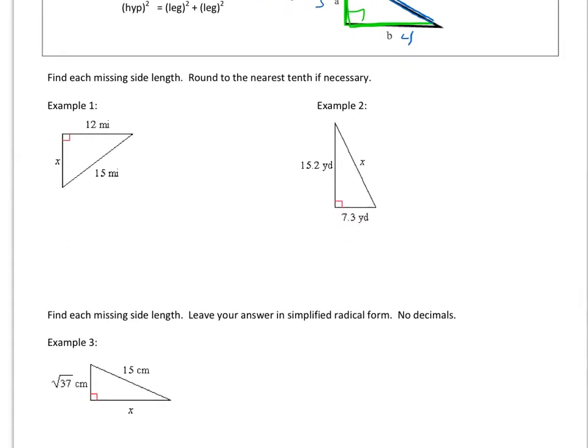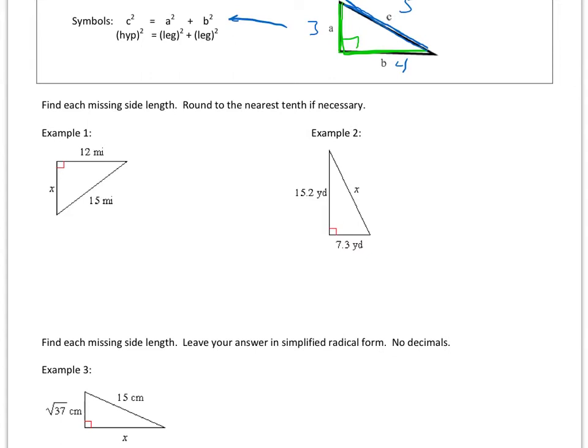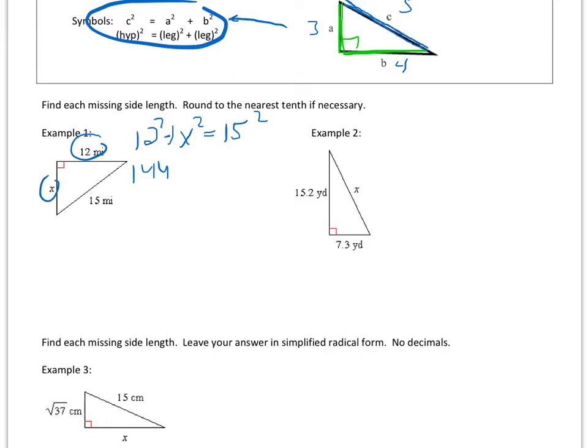So first example, if we utilize this relationship that's given up above, the two legs are considered the 12 and the x. So 12 squared plus x squared equals 15 squared, which gives us 144 plus x squared equals 225.